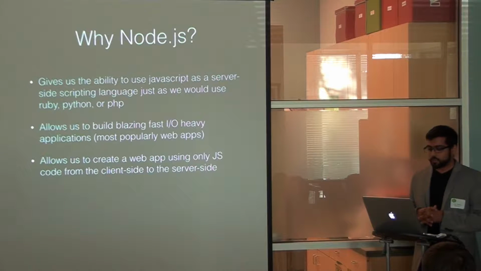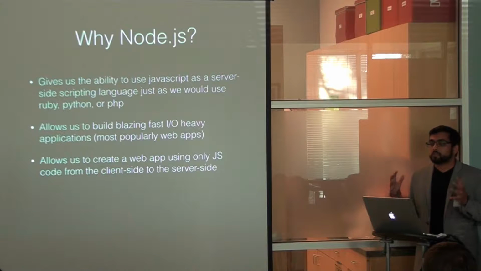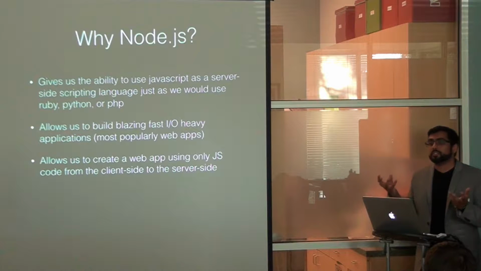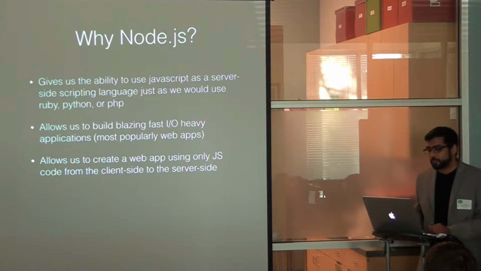It also allows us to create a web app using only JavaScript code from the front end to the back end, and that's what the MEAN stack is. It's a full stack written in JavaScript, which makes it very easy for developers to transition from something like front-end development to back-end development in a similar language with different concepts, but also in the same language.